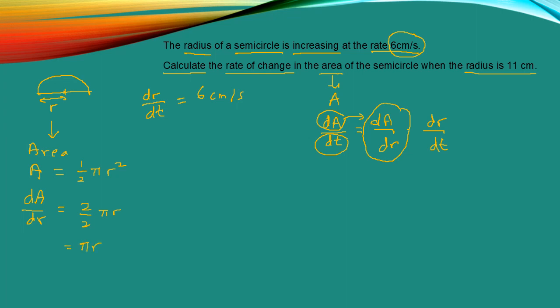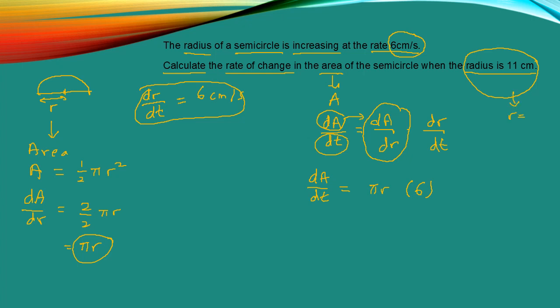So now we substitute dA over dr into our chain rule. dA over dt is equal to pi r, which we just got, multiplied by dr over dt, which was given from the question as 6. We want to find the change of area when the radius is 11 cm, meaning r is equal to 11.